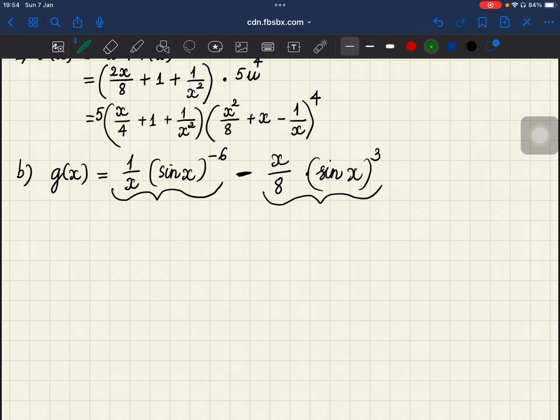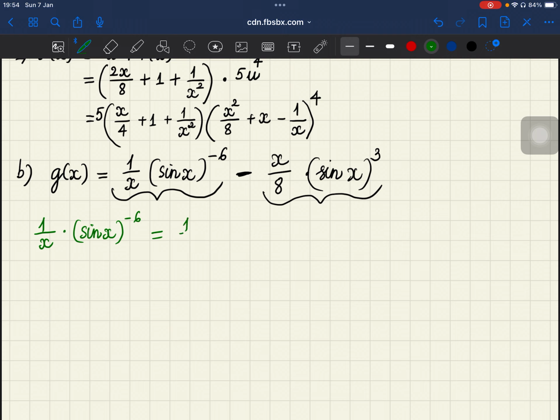So I will have the first derivative of 1 divided by x multiplied by sine x to the power negative 6. So we apply the product rule.